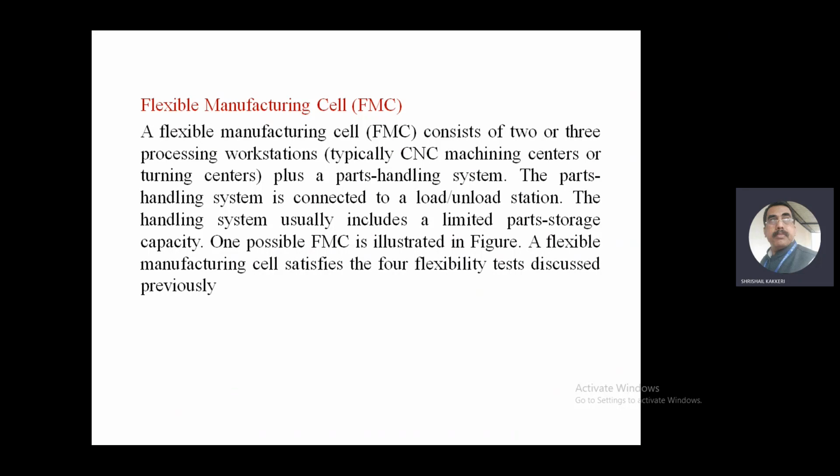One thing. The second one, if it is a single station, there will not be a buffer. The single station will be operated by one or two people, one person at the entry and another at the outlet. In the double station, another additional feature is added: between the two workstations, we can have a small capacity buffer storage.